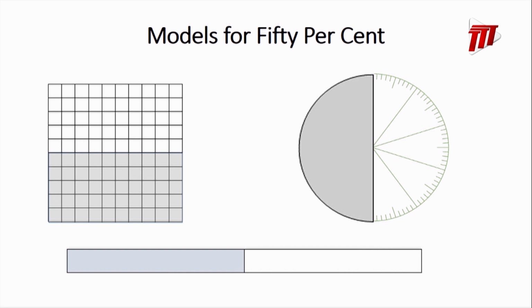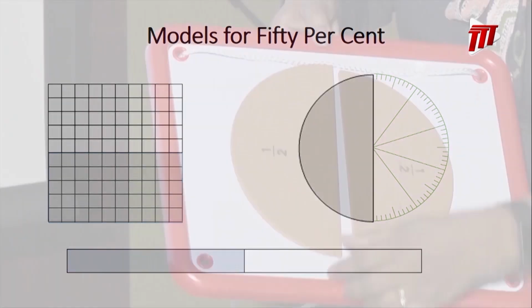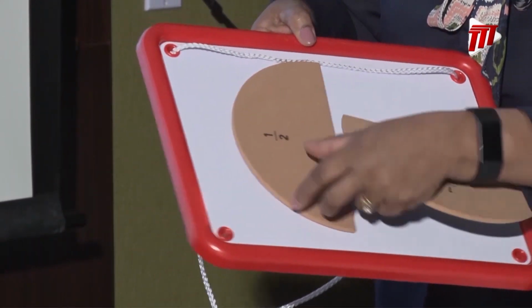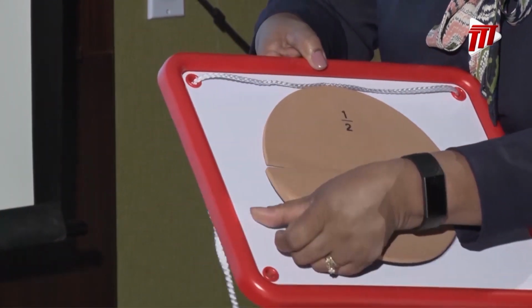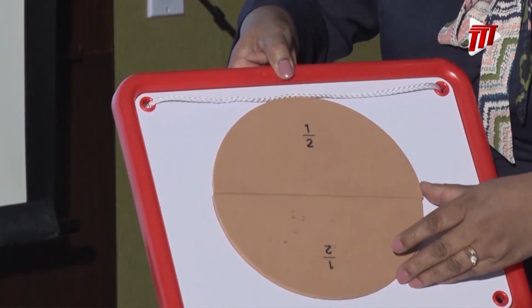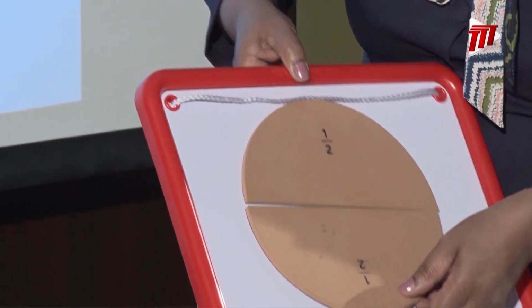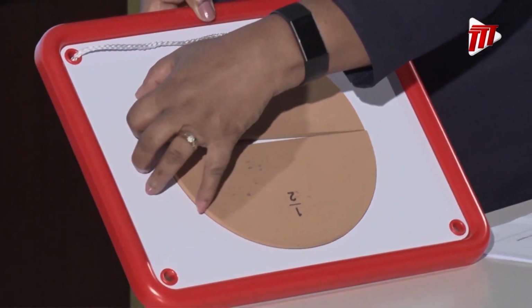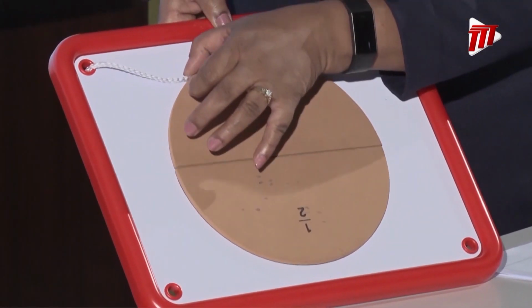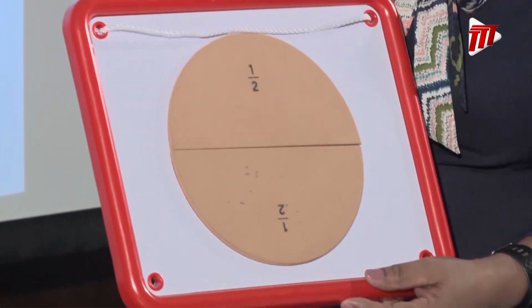And on my model here, you are seeing half of it is shaded. And I could simply represent that on my fraction board. So this fraction here that is represented is a half. It is also 50%.